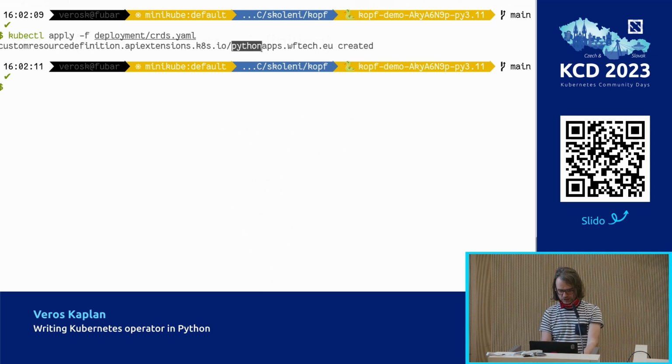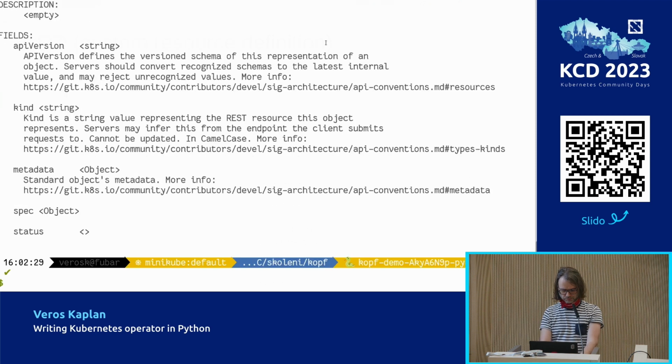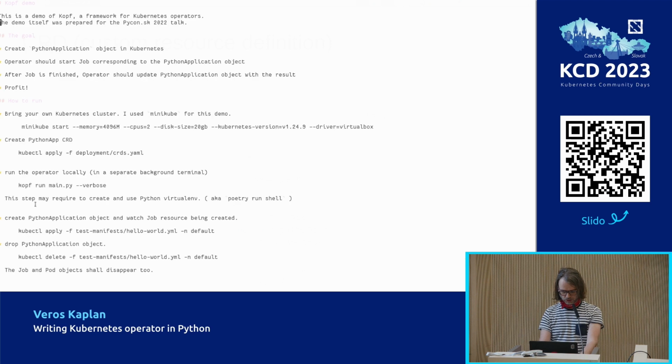So I created a new object, named it Python app. So show me, explain Python apps. It's there. It has some specifications and so on.